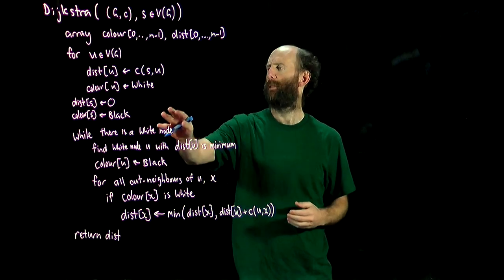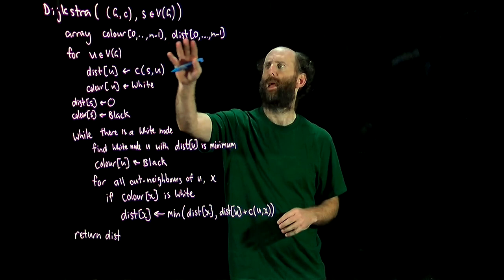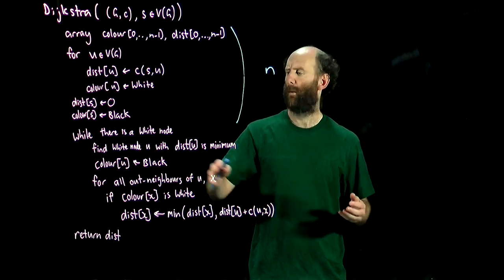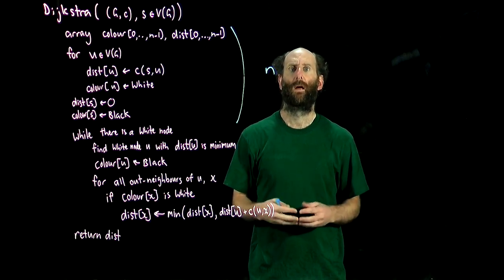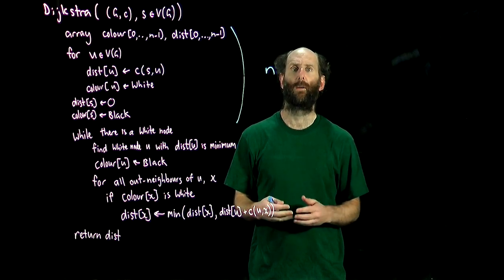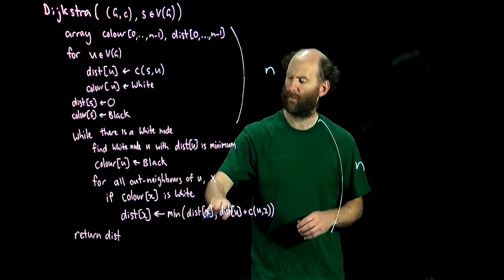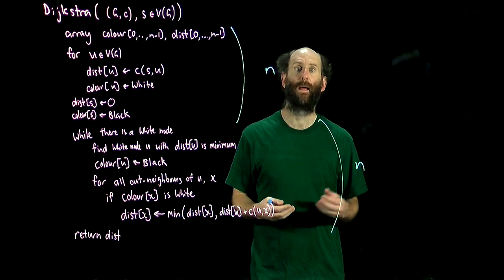The first part of the algorithm here involves setting up a couple of arrays of length n, so that requires order n work. Now in the main loop, we'll loop through this a total of n times since each node turns from white to black. In this inner loop, we're just checking each of the out neighbors of u.